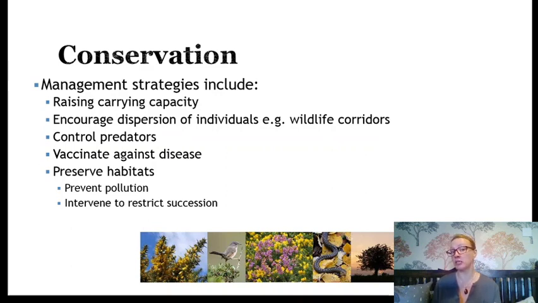So sometimes they need to have lots of different conservation strategies in place in order to try and save that particular species, to try and raise the numbers of those particular species. They might need to do things like preventing pollution, so find out the source of that pollution. So I like to see it a little bit like CSI, where they're trying to establish what exactly is happening with that organism and what they can do to try and help the numbers increase for that particular organism.